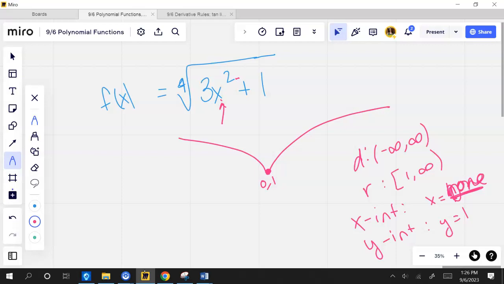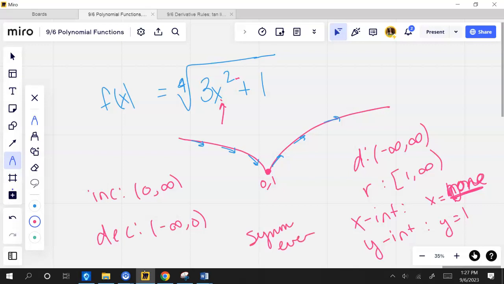Yes. What do I need? Increasing intervals. 0 to infinity. That's exactly right. Here's my increasing. This is my decreasing. That's exactly right. How about symmetry? Even. This one does have even symmetry.